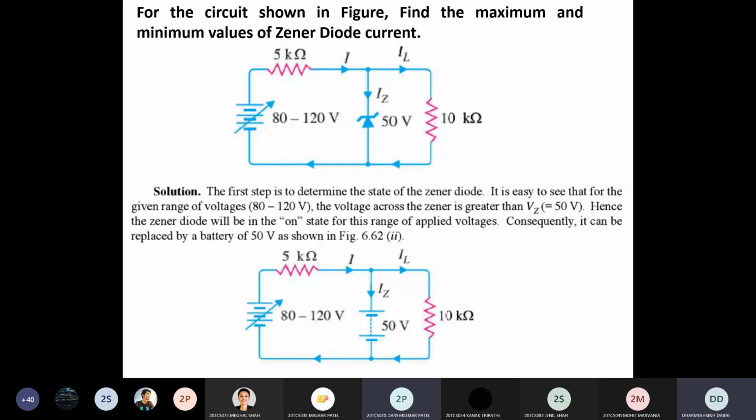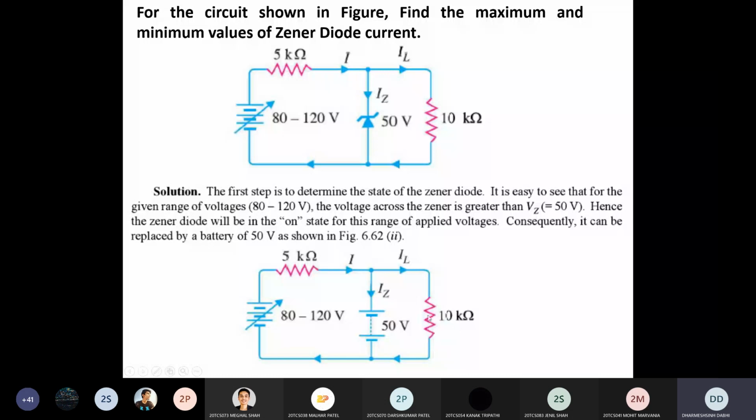Now tell me how much current is flowing into this load resistance, IL. If the current through the 5 kilo ohm is 14 milliampere, and the voltage across the Zener diode is 50, how much current flows into this load resistance? 5 milliampere, yes, very good. How? The Zener diode is connected in parallel with the load resistance, and in parallel the voltage remains the same.